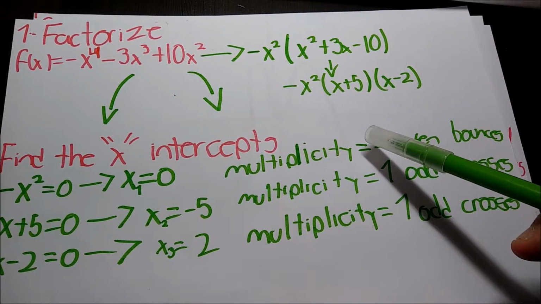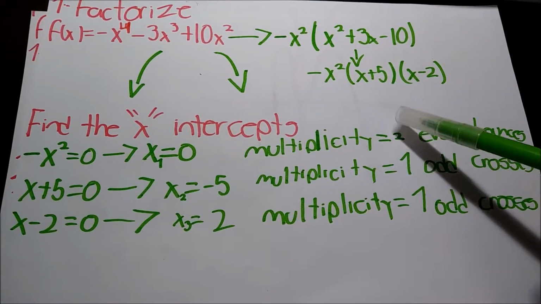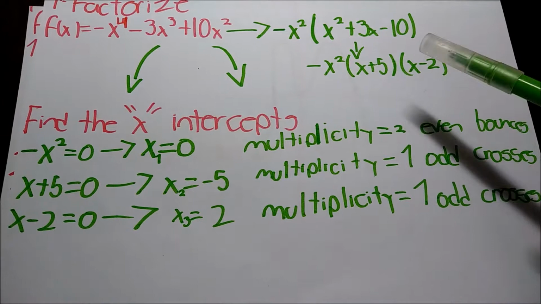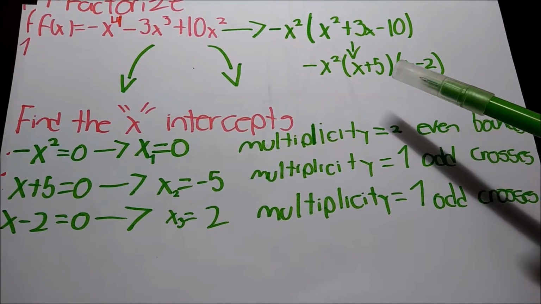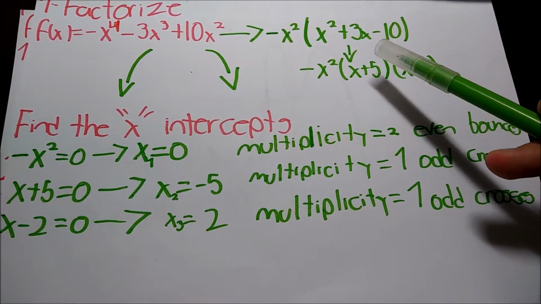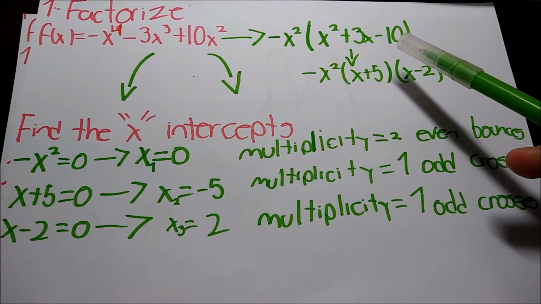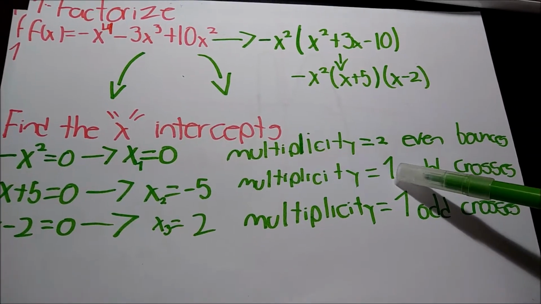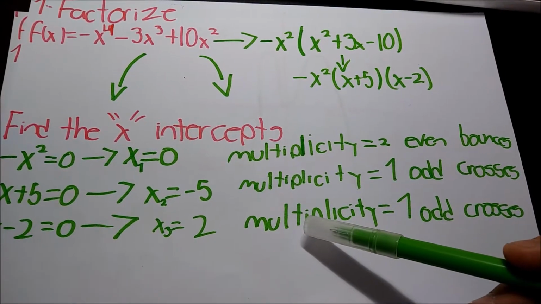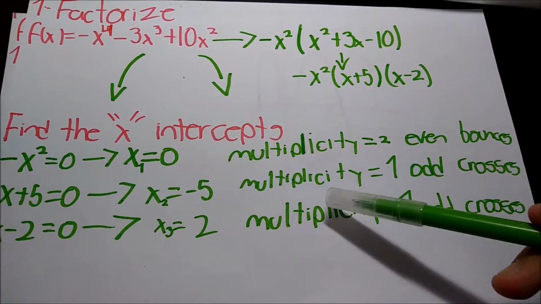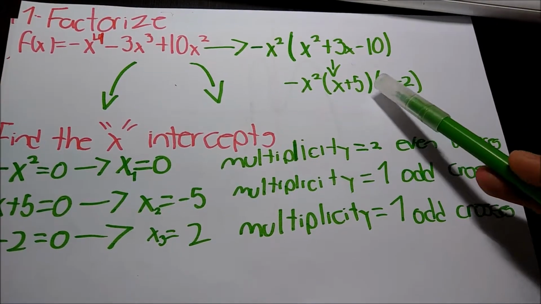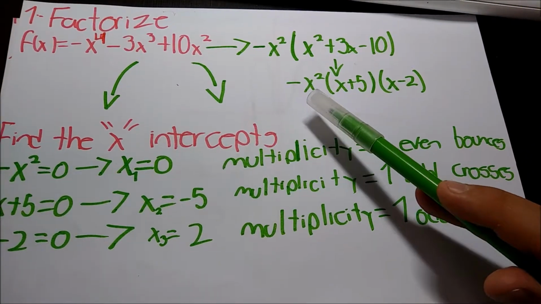Then x plus 5 has a multiplicity of 1 because it is not squared or cubic or something like that, so it is 1. And x minus 2 has a multiplicity of 1.